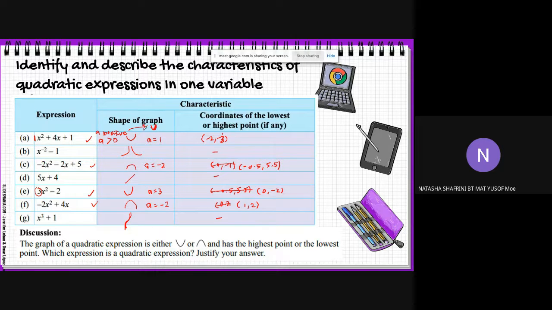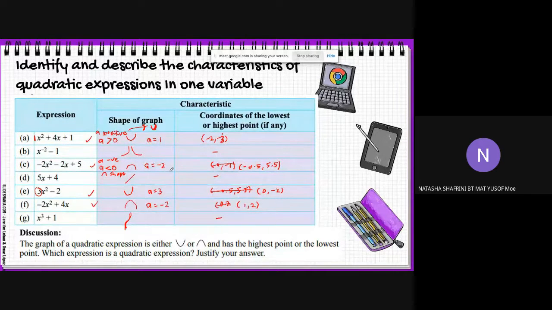Kalau you dapat untuk C dengan F, you dapat A is less than 0, A negative. A less than 0, dia punya value A negatif, nombor negatif lah. You akan dapat shape of graph N shape. Boleh faham? Nampak tak? Itu perbezaan N shape and U shape.